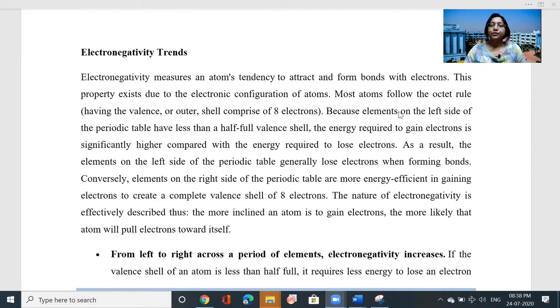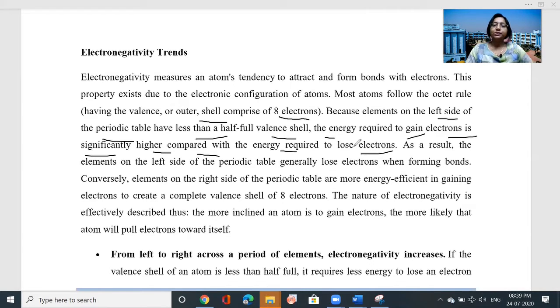Most atoms follow the octet rule, having the valence or outer shell comprise 8 electrons. Because elements on the left side of the periodic table have less than a half full valence shell, the energy required to gain electrons is significantly higher compared with the energy required to lose electrons.